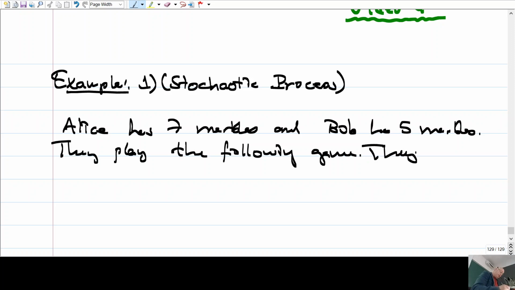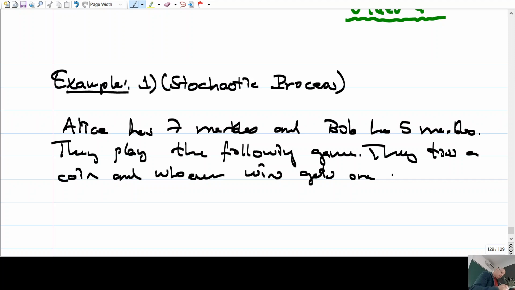They toss a coin, and whoever wins gets 1 marble from the other person.